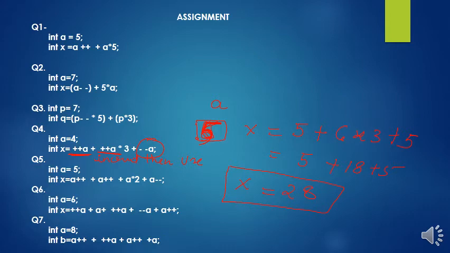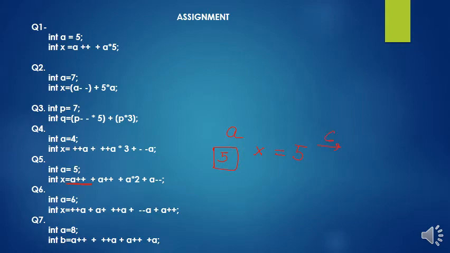Next children, question number 5. The value of a is equal to 5. x is equal to a++, which is a postfix increment. So first use 5 and then change.